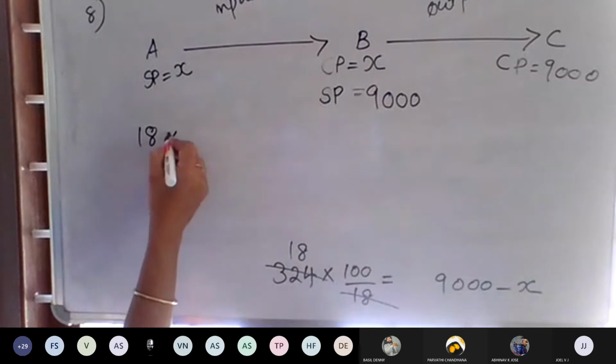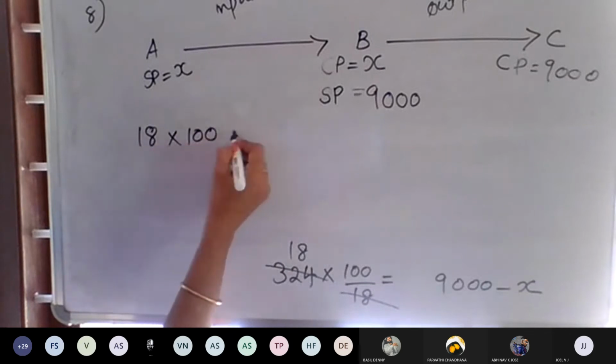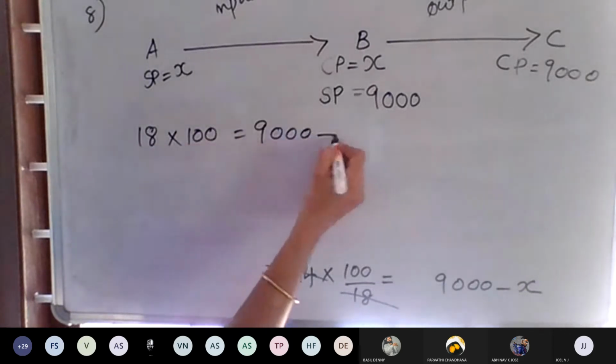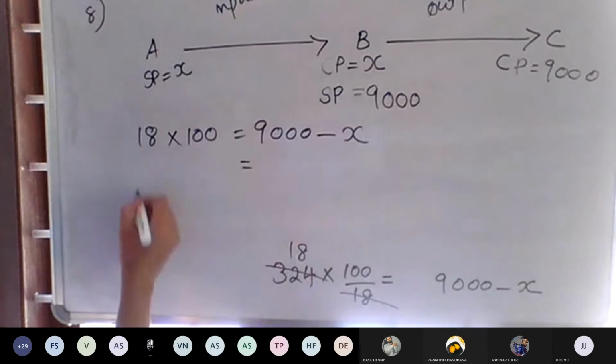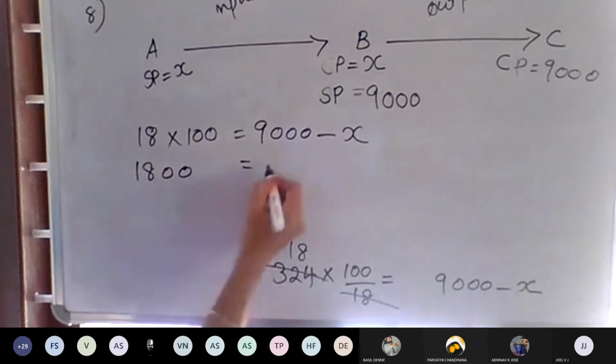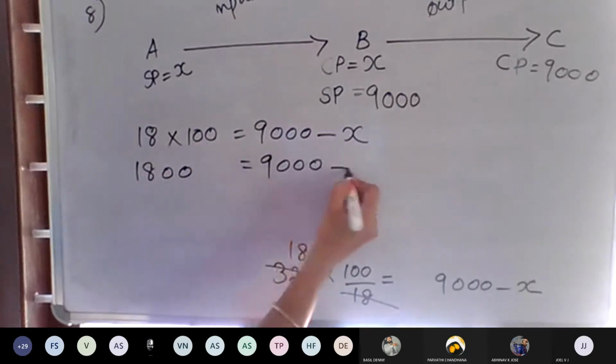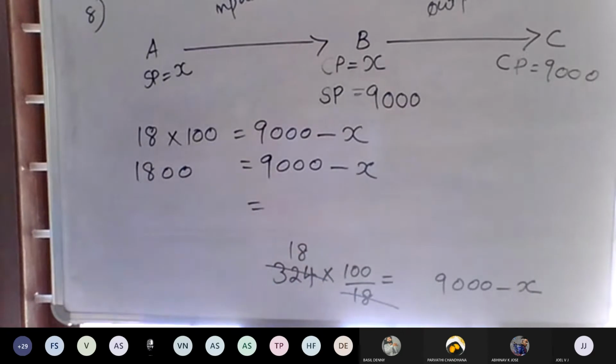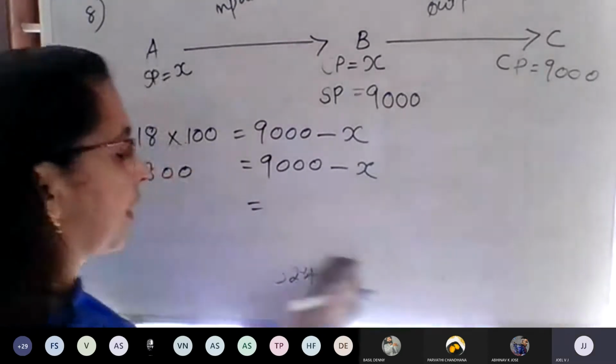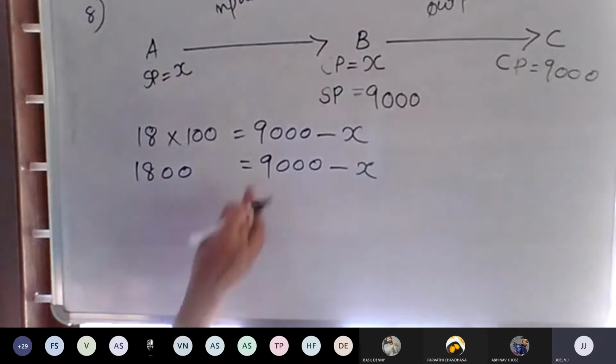So 18 into 100 is equal to 9,000 minus X. So 1,800 equals 9,000 minus X. Next step, what can we do?